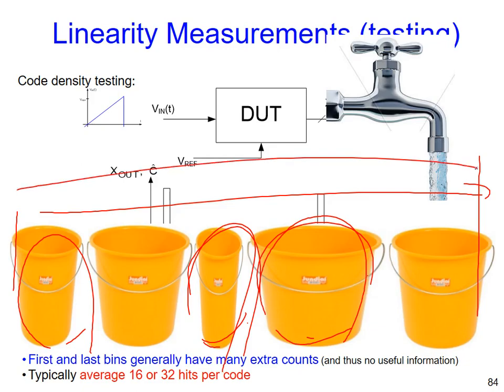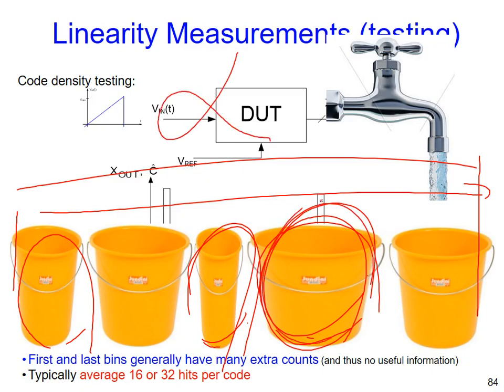So after this, you measure the size of the step, which is proportional to the water, the number of codes you get. Ideally, you would think, oh, that is some kind of ADC.